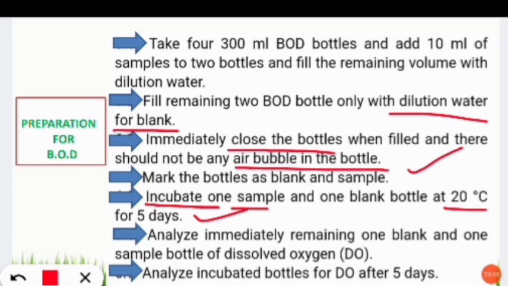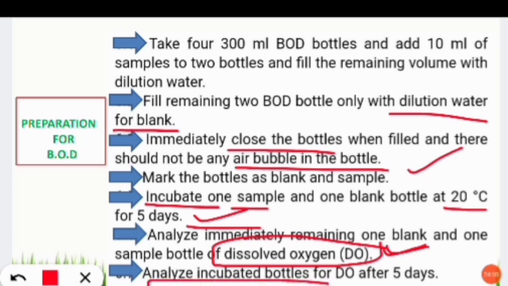But before that, we have to immediately analyze the dissolved oxygen of the BOD bottle. How to calculate DO? We have discussed it. The same procedure we will apply to measure the dissolved oxygen before incubating, and then we will analyze the bottle after 5 days. One will be dissolved oxygen initial, that is DOI, before incubation. One will be dissolved oxygen final, that is after 5 days of incubation.